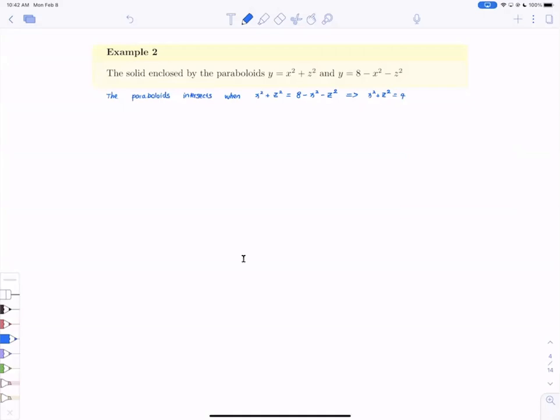So I calculate their intersection, which is the circle at y equals 4. The projection of E onto the xz plane is going to be the disk x squared plus z squared is less than or equal to 4.